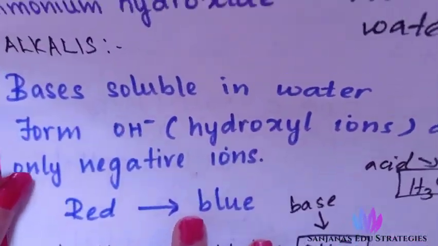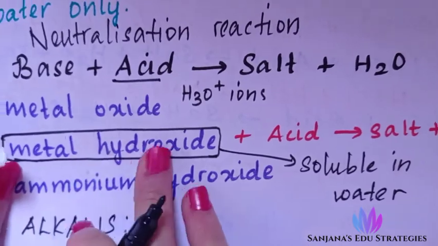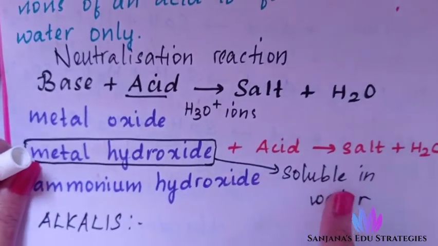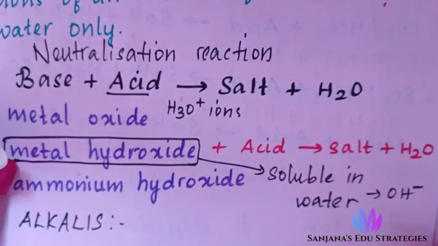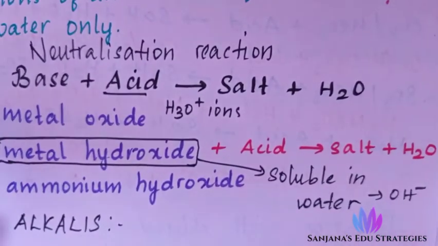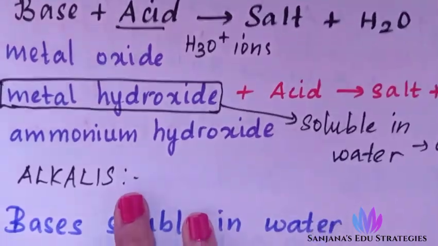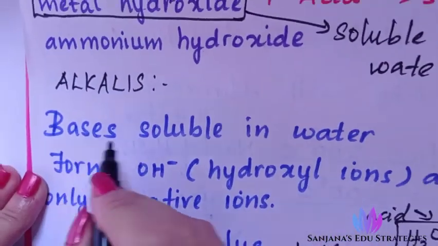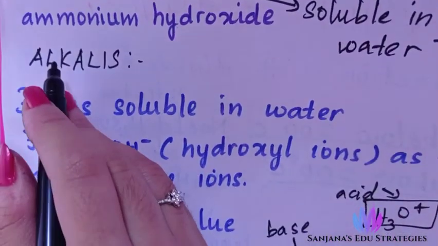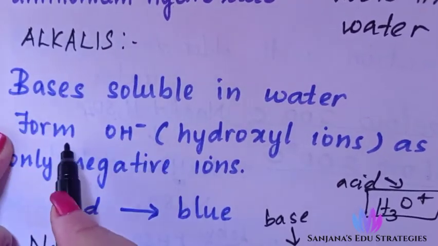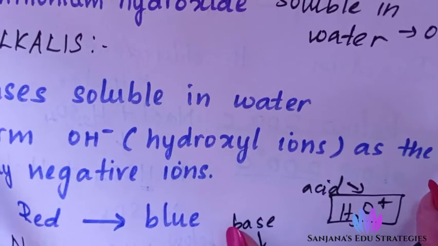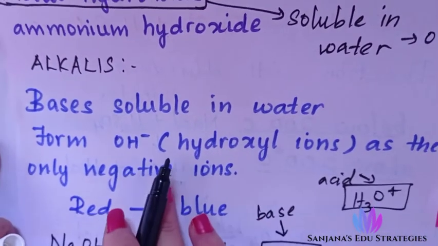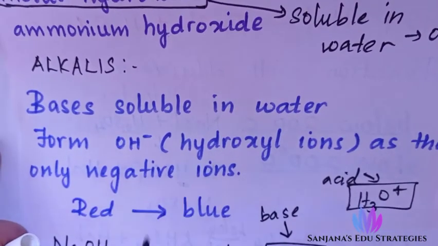That's all. So the metal hydroxides which are soluble in water and give hydroxyl ions are called alkalis. The bases which are soluble in water are called alkalis, and these alkalis form OH minus, that is hydroxyl ion, as the only negative ions.